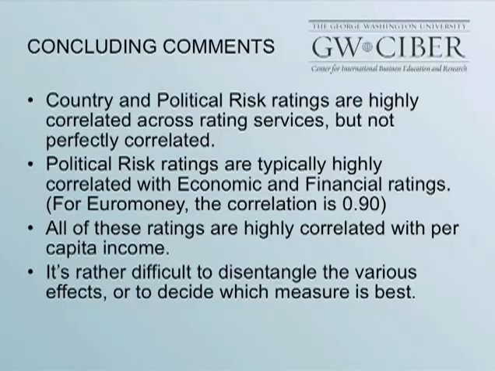Okay, and then this is my last slide as a set of concluding comments. I've presented the indicators, and I want to conclude by saying that these are basically highly correlated. This should not surprise you. Everybody claims they're measuring about the same thing. They'll have their own niche, right? We have an index of corruption, and so then you go out and you measure the cost of corruption. Or we have an index forecasting the change in government, something like that.